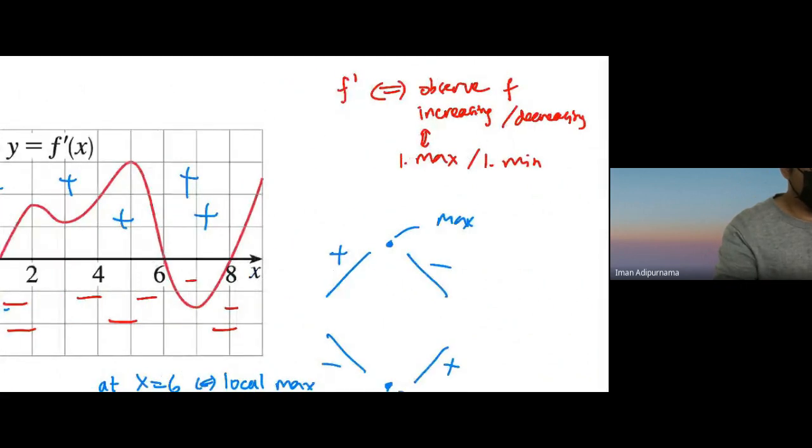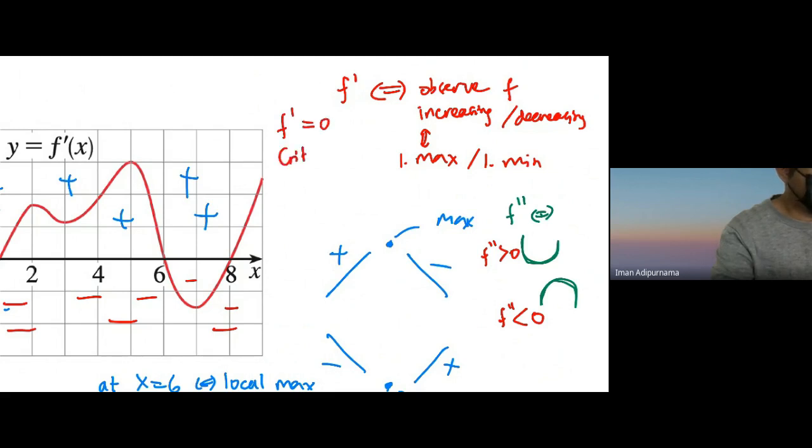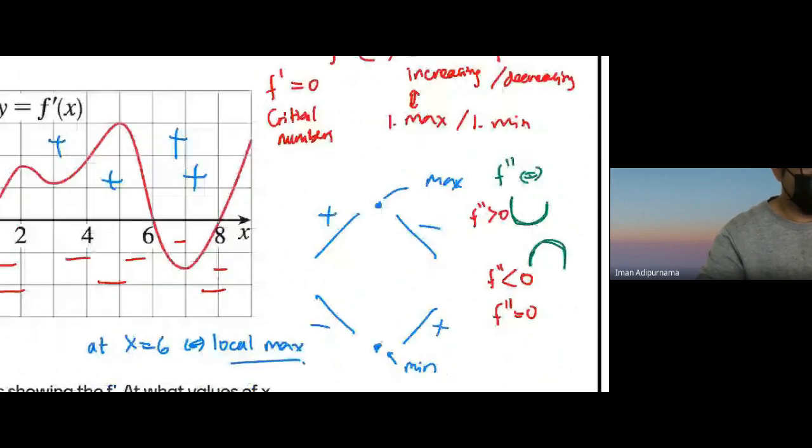For the double prime, the second derivative, we can have concavity. Concavity is if I draw the graphs like this or like this. This one is if the double prime is positive, this if double prime is negative. Whenever you find f prime equals 0, this will be your critical number, and f double prime equals 0, this will be your inflection point.